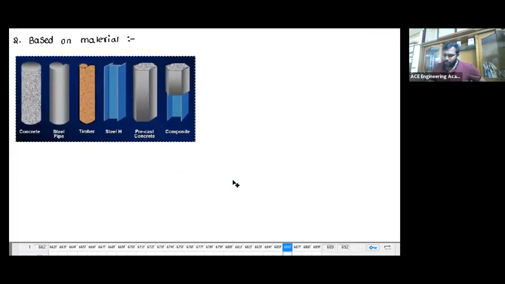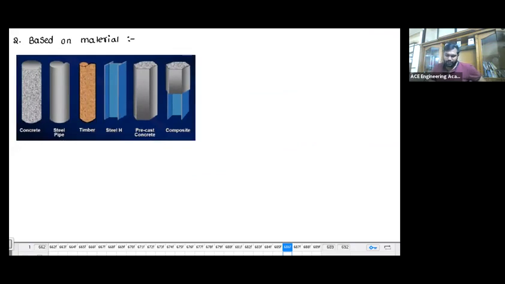We can go for concrete pile directly, or we can go for steel pile, timber pile, I sections, or precast concrete piles, and we can use composite. Composite is simply precast plus steel. So these are the different types of piles that we can use based on the material.